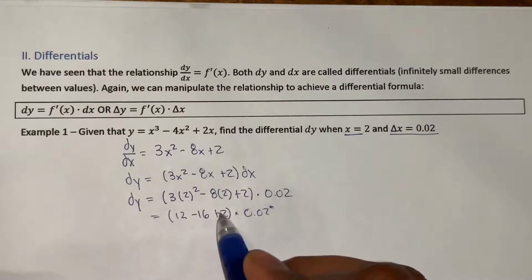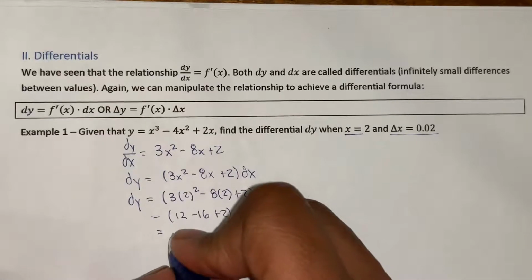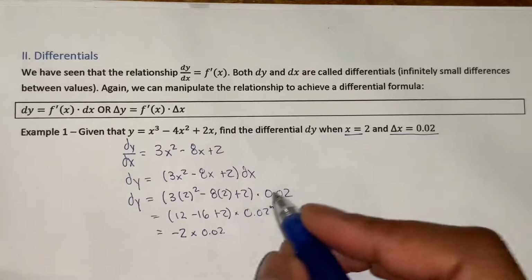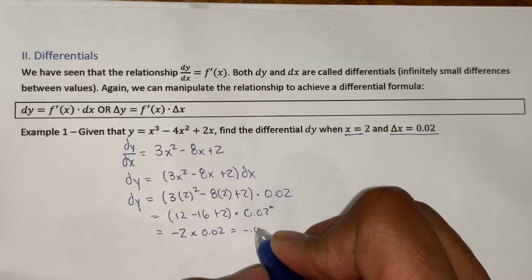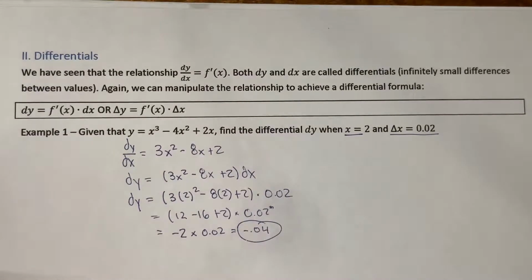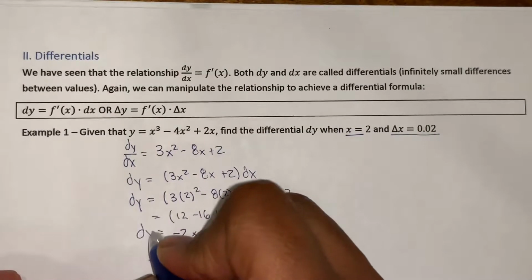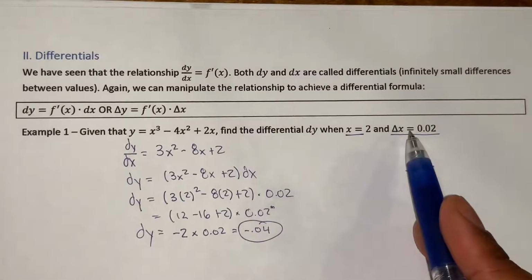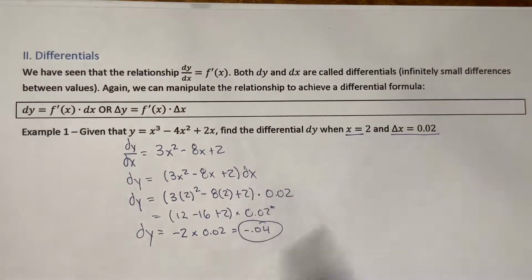So that's negative 4 plus 2. So negative 2 times 0.02 is negative 0.04. So dy equals negative 0.04 when dx is 0.02.